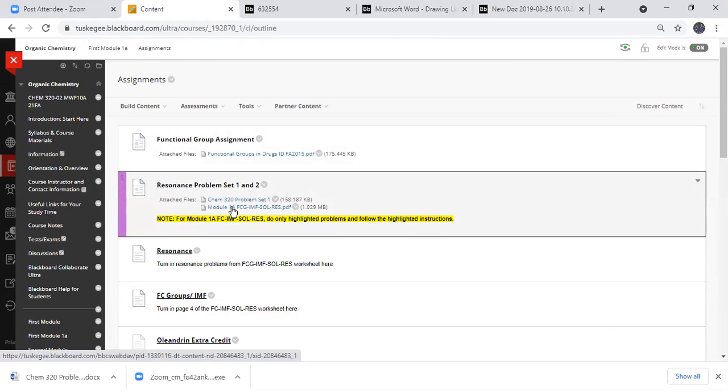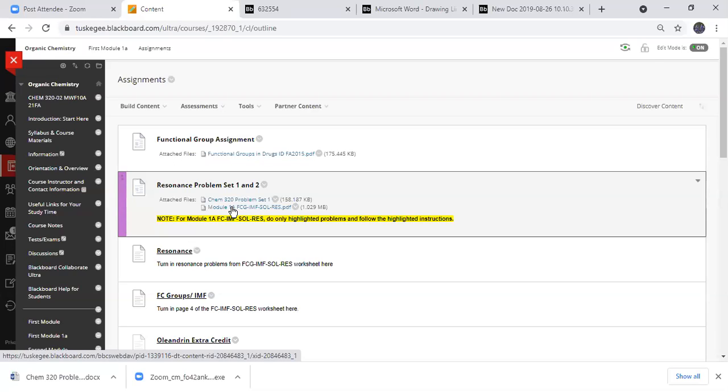Okay. You said only to do the highlighted problems or just the ones we did in class? We're only turning in what we've done in class, unless I assigned it as an on your own problem. Like if I wrote OYO next to it during class, then you're responsible for that too. Does that make sense?